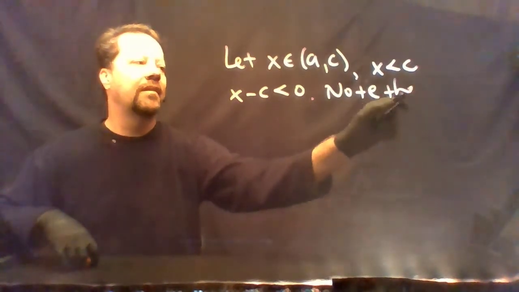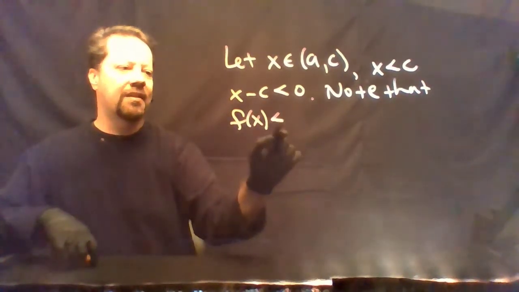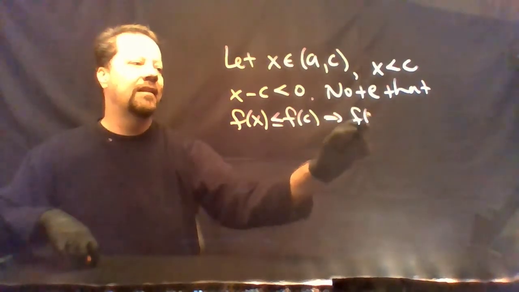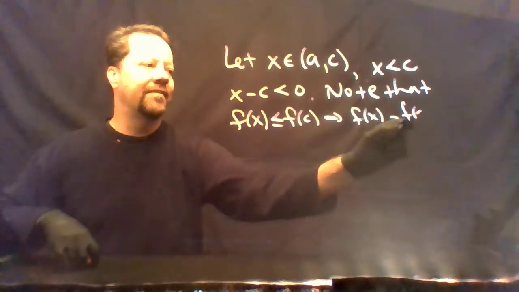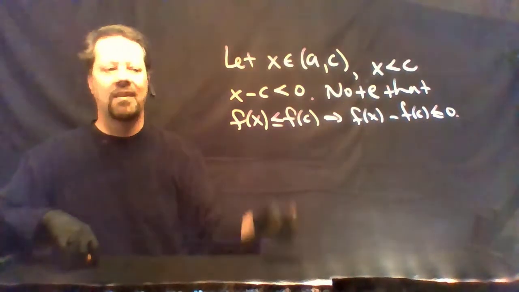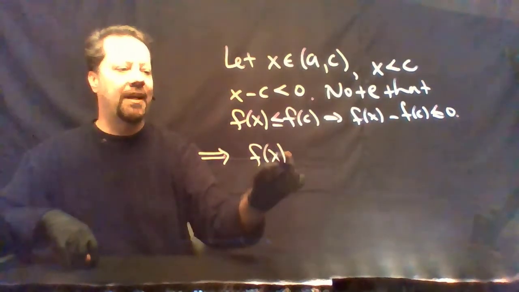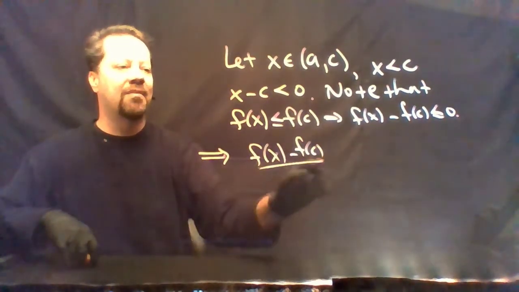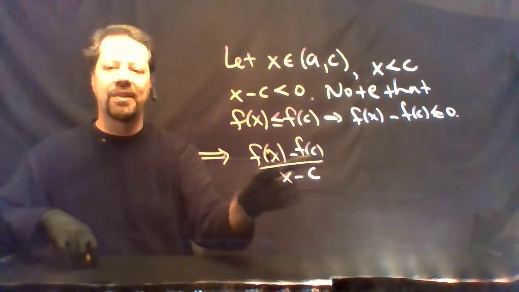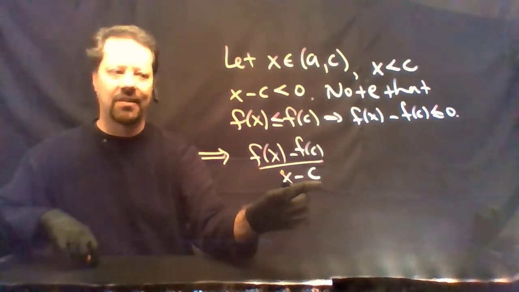Note that f of x is less than or equal to f of c, and that implies f of x minus f of c is less than or equal to 0. It follows then that our difference quotient, f of x minus f of c over x minus c, is the quotient of a number that's less than or equal to 0 and a number that's strictly less than 0.